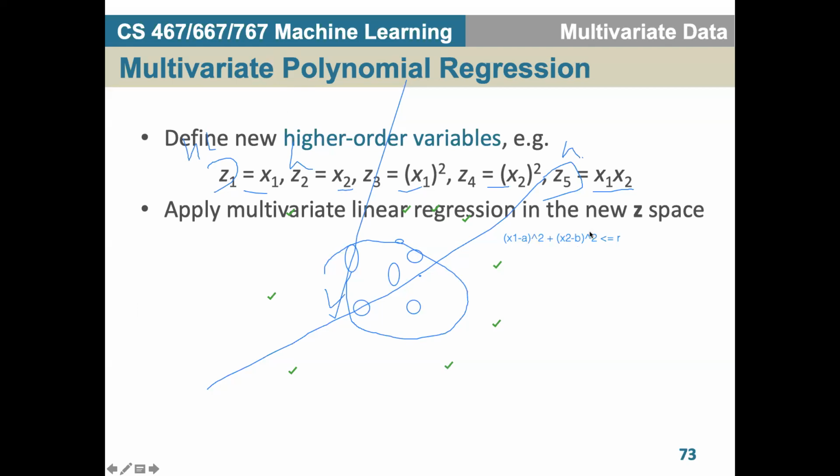So in any case, you can represent this circle shape to separate these two using a linear line in this space. Because in that space, it's just w1 times z1, w2 times z2, w5 times z5, and if it's minus R equal to 0, that's a line. If it's less than R, then it's on this side of the plane; larger than R, it's on this side of the plane.